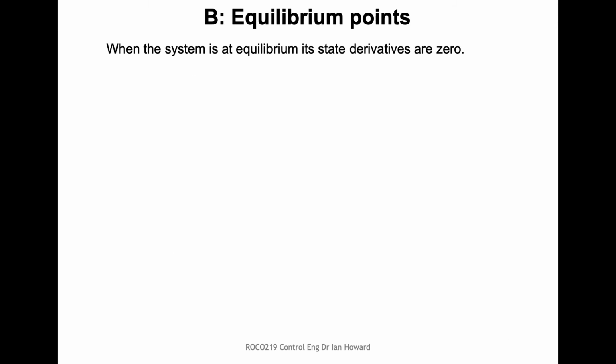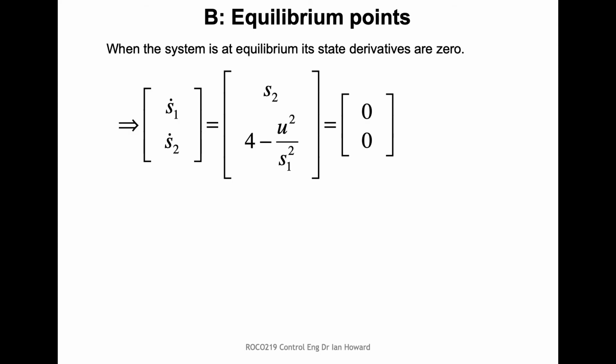So we need to find the equilibrium point, and equilibrium basically means the system is stationary, and consequently its state derivatives are going to be 0. So what we have to find is the solution to when the system is equal to 0, right? So when are the derivatives equal to 0? And we get two equations from that.